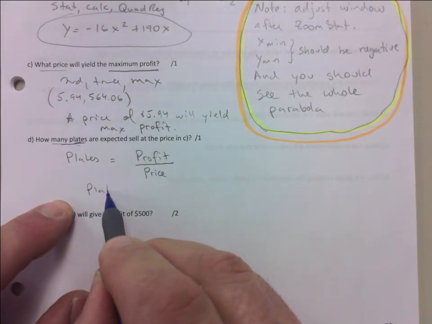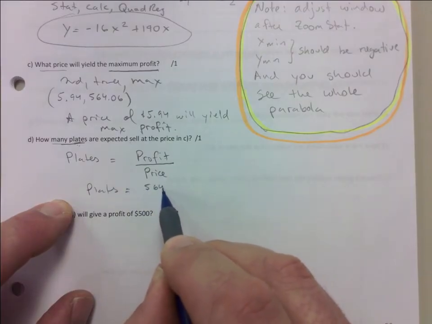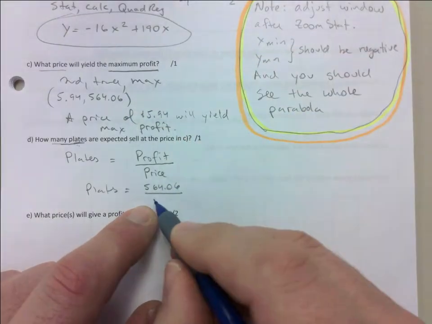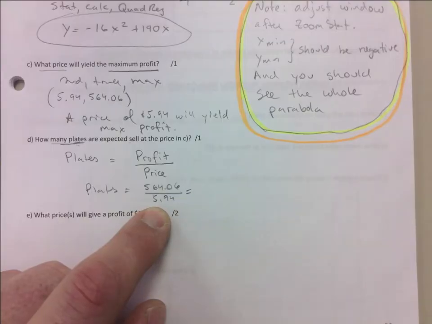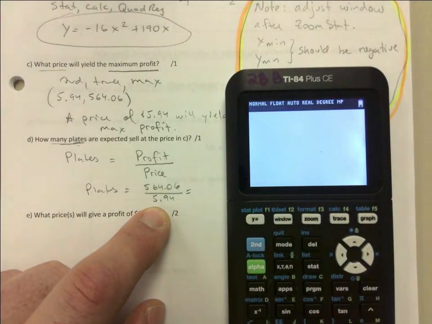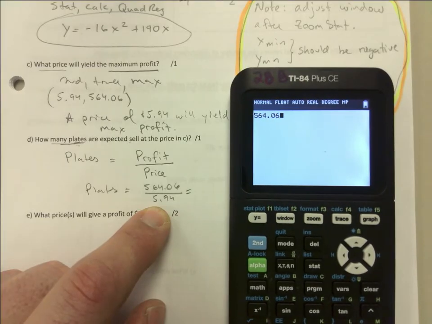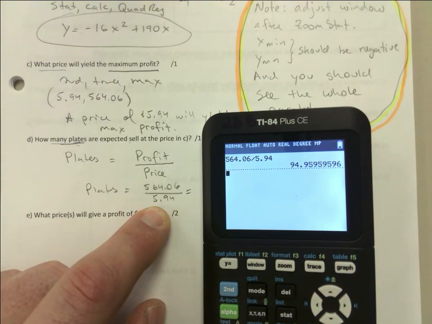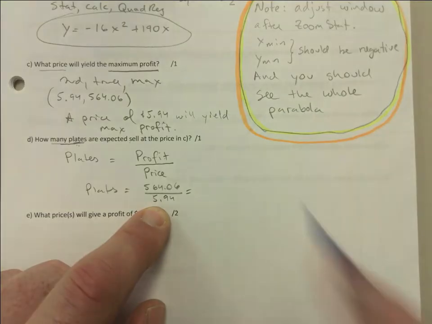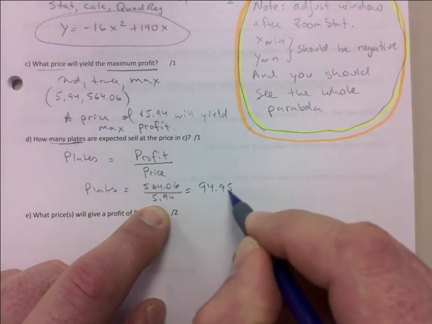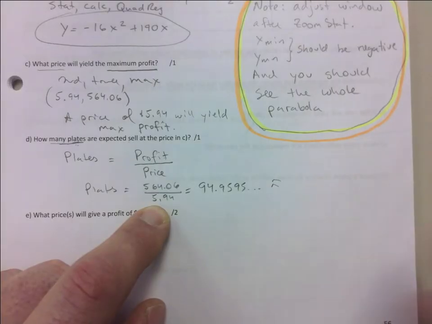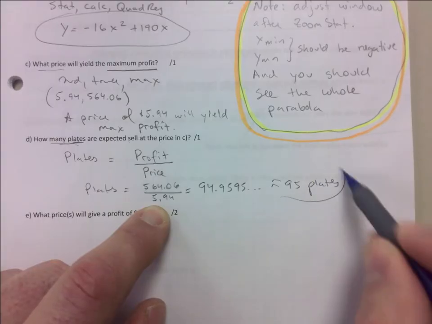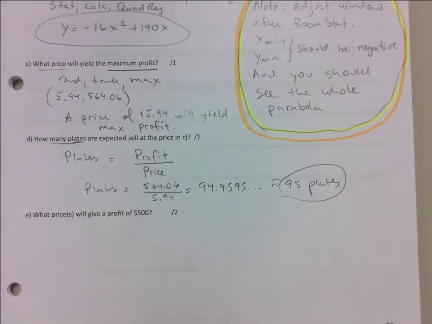So plates will be 564.06, the profit that we're expecting from up here, divided by 5.94. Let's figure that out. 564.06 divided by 5.94 is 94.9595 continued. We can't have that, so we're going to round to approximately 95 plates. That's what we're looking for.